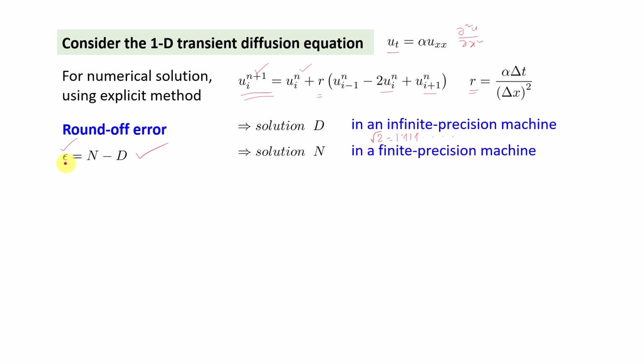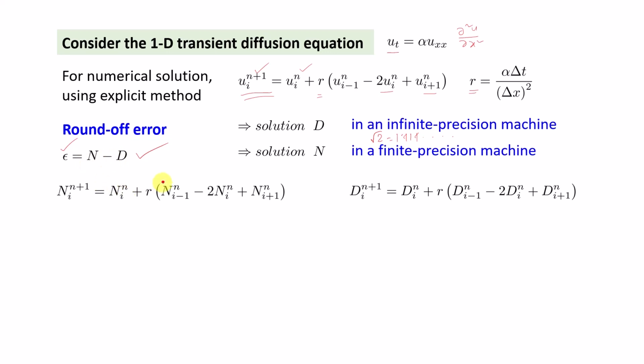Now that I have this error epsilon, my round off error, how this error grows is the question that we are going to ask here in our discussion of stability. Both this n and d are coming from this difference equation. If I solve this difference equation in an infinite precision machine, I get this d.